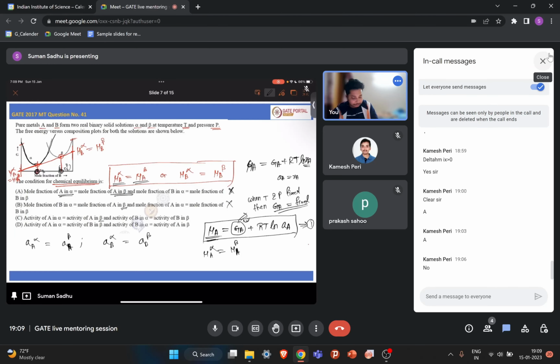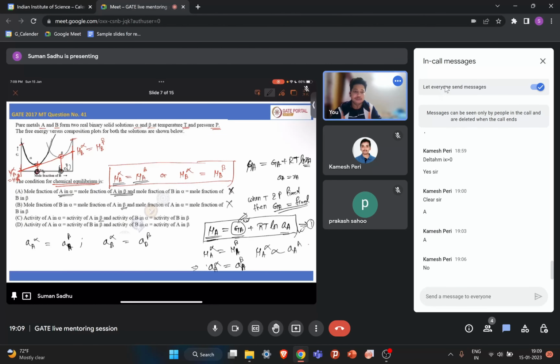So that means your mu A alpha is basically proportional to activity. If mu A alpha is equal to mu A beta, then the activity of A in alpha and the activity of A in beta should be equal. Then only will mu A alpha and mu A beta be equal. Is it clear?